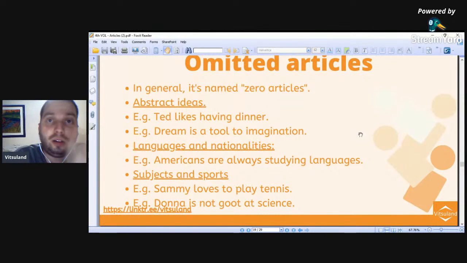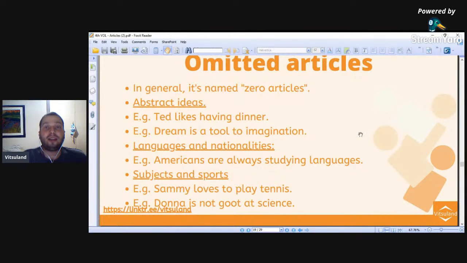So we do not use an article in this case; they're omitted. And subjects and sports, especially school subjects, and different kinds of sports. Sammy loves to play tennis. We do not say to play the tennis. No, to play tennis.